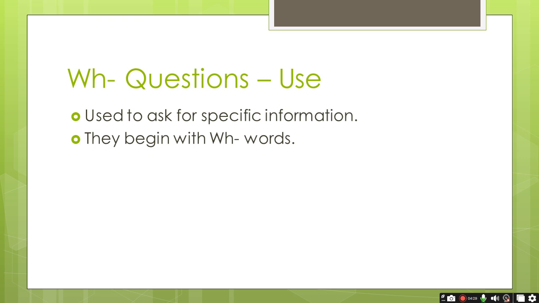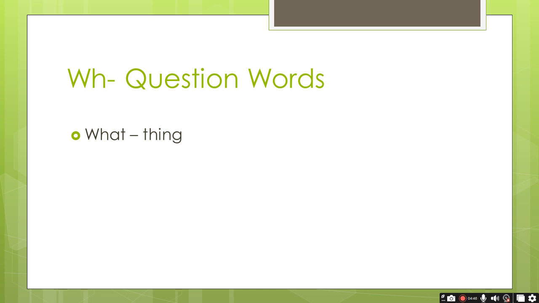WH questions. These WH questions are used to ask for specific information, and mostly they begin with WH words. We are going to see them here below. We have the WH question word what.